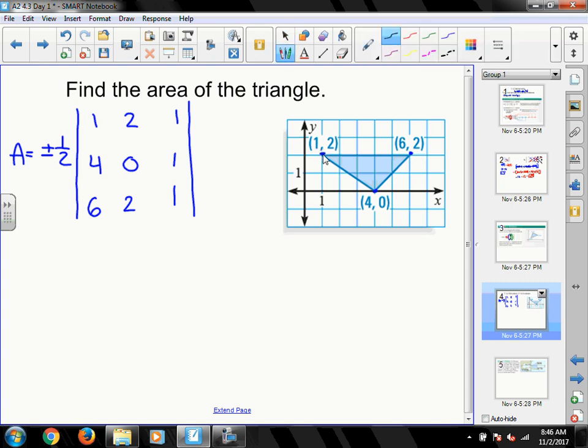Like I did before, I have to copy the first 2 columns down into the right of this matrix. So 1, 4, 6, 2, 0, 2. And now I'm going to start calculating my determinant.